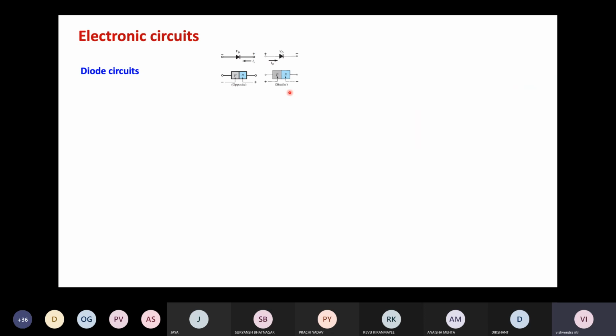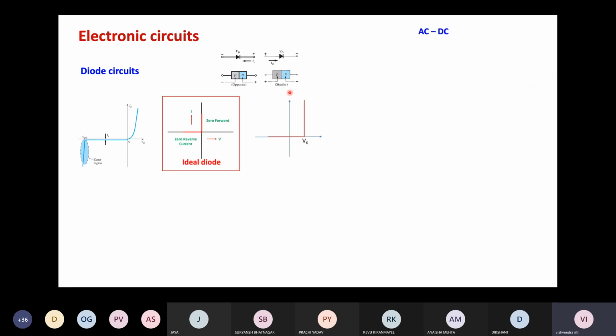Yeah. So after the devices, we also saw how we consider these electronic devices in circuits, because ultimately we make circuits out of these devices. The diode is one of the most common devices used in many places in circuits, and this is the ideal diode circuit model.